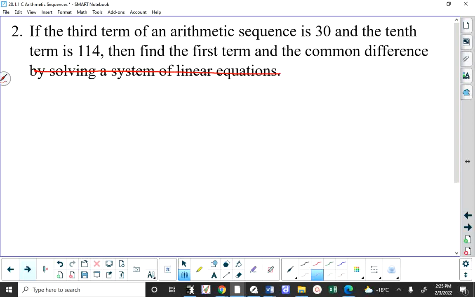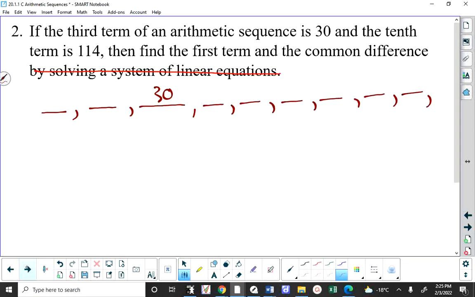Okay, this is a quiz question, and I want to go through how you would solve it if you had a choice. What you would do is you would say 1, 2, 3. So the third term is 30. And the 10th, 4, 5, 6, 7, 8, 9, 10. The 10th is 114.